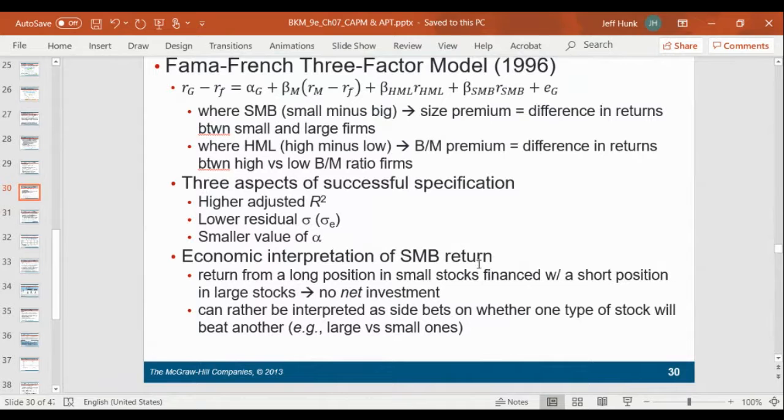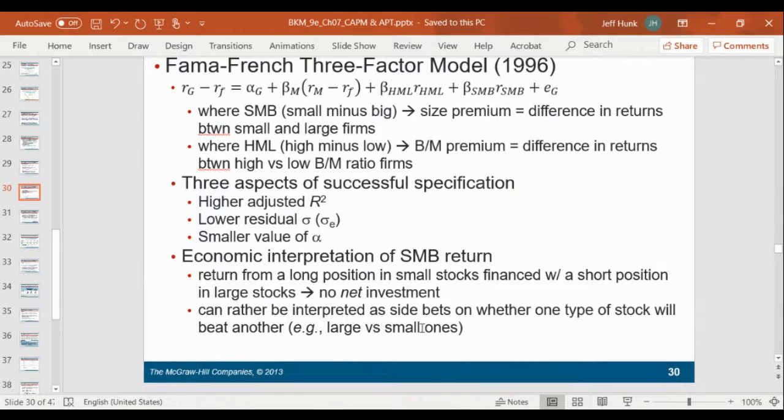Now, the economic interpretation of SMB return: the return from a long position in small stocks financed with a short position in large stocks. This is just one way. So what does that mean?